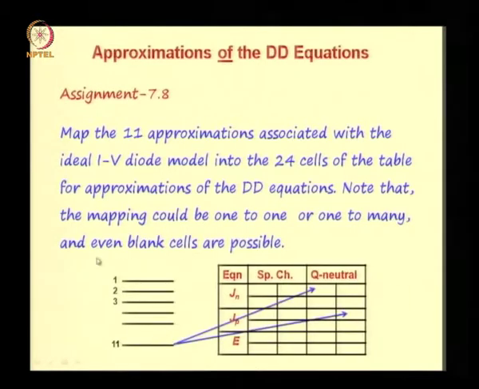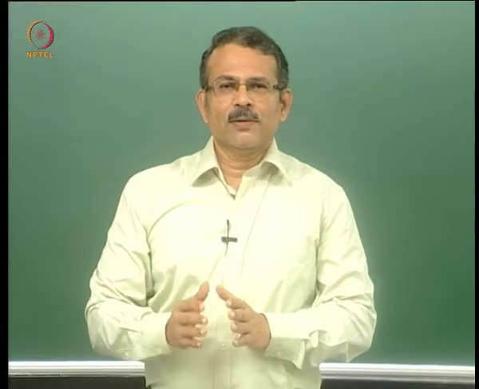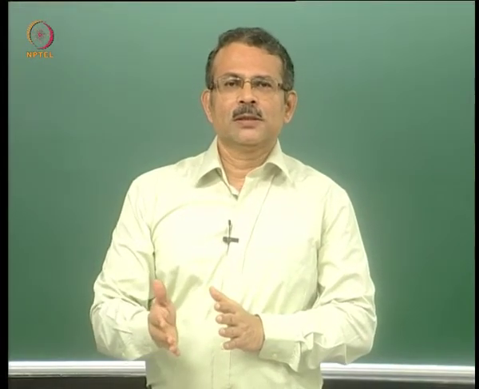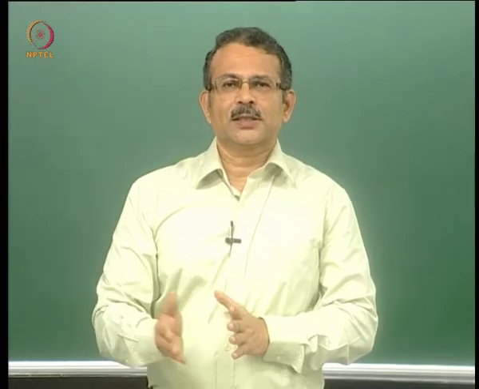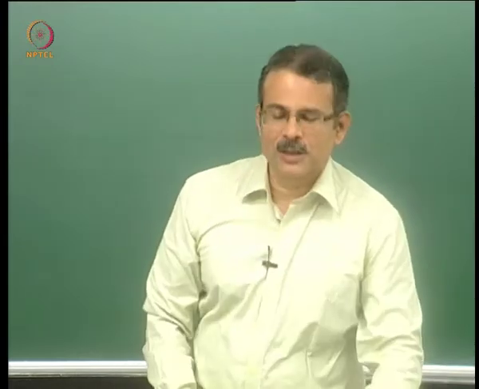So here is the diagrammatic representation of what you are expected to do. So these are the 11 approximations. We had referred to these 11 approximations in the introduction module, okay, and we will shortly repeat those for your convenience just after description of this particular slide.